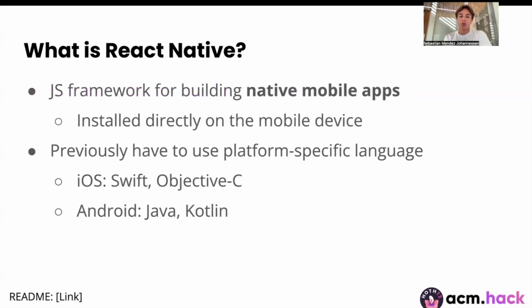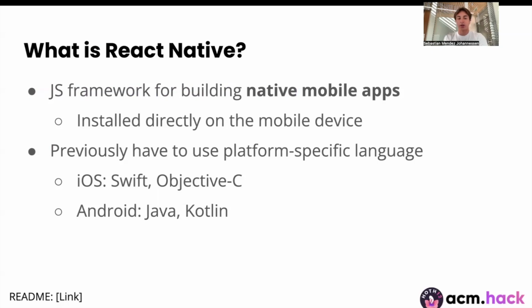So, first of all, what is React Native? React Native is a JavaScript framework for building native mobile apps. And you might ask, what are native mobile apps? Native mobile apps are apps that are directly installed on your mobile device, as opposed to, for example, a web application you run in your browser.